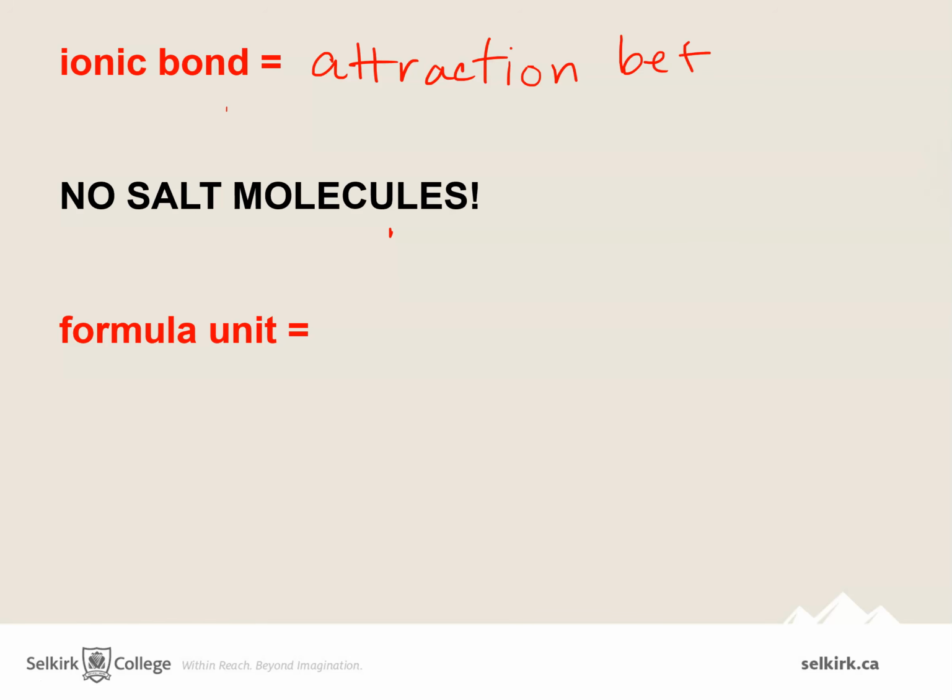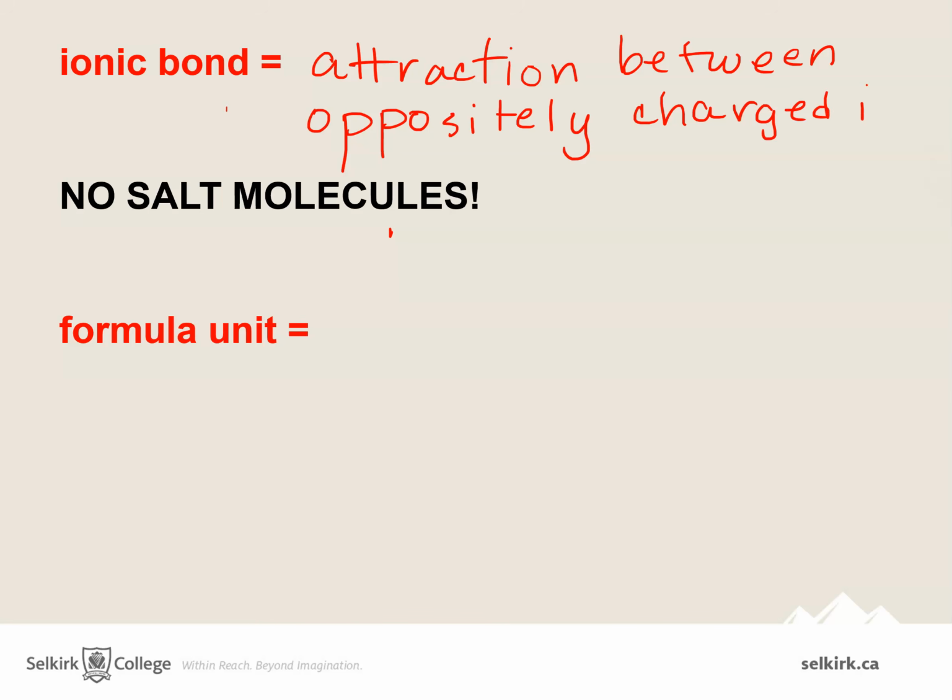Attraction between oppositely charged ions. I kind of wish they hadn't called it an ionic bond, because for some people, bond implies shared electrons. There are no shared electrons. There are no covalent bonds between the ions in an ionic compound.